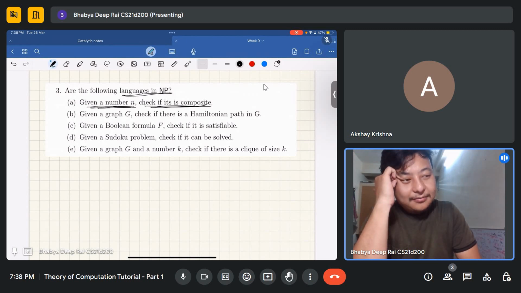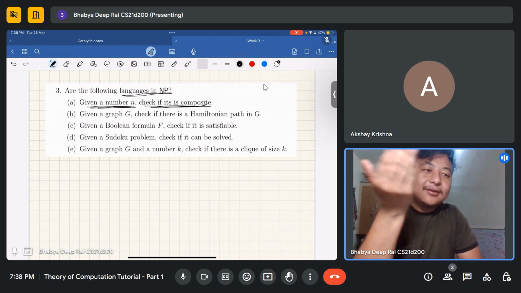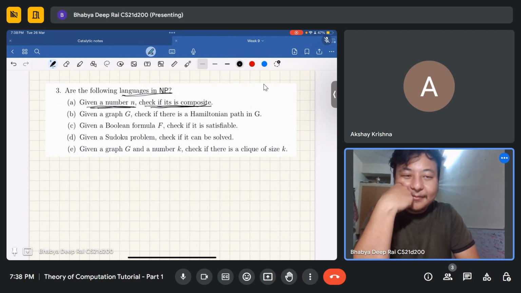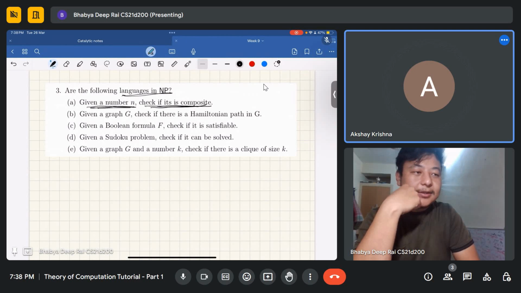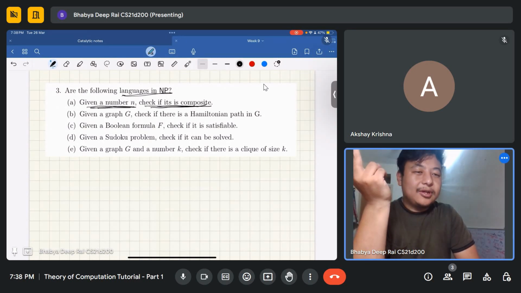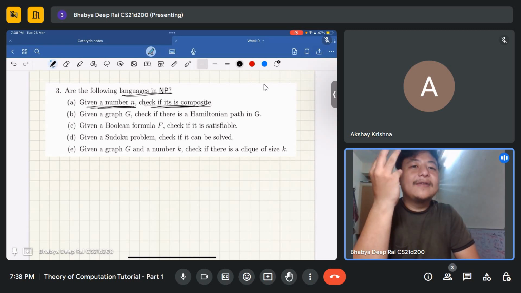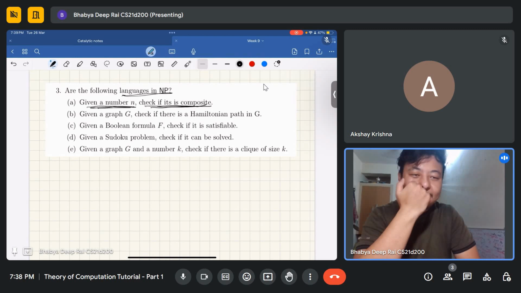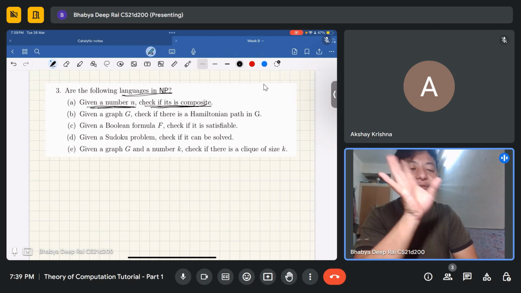Well, I can keep dividing by all the numbers which are less than that number, no? So I can divide by, okay, 1 is trivial. 2, if it is not divisible by 2, I'll divide it by 3. If it's not divisible by 3, I'll divide by 4, and so on.